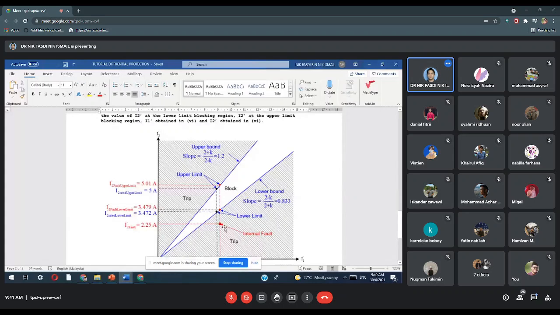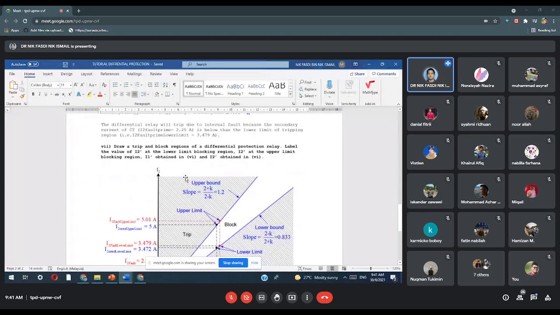Dia akan trigger. Okay. Relay will trigger, right? Trigger because location of the internal fault for that bawah.